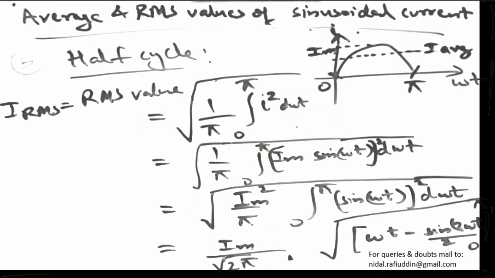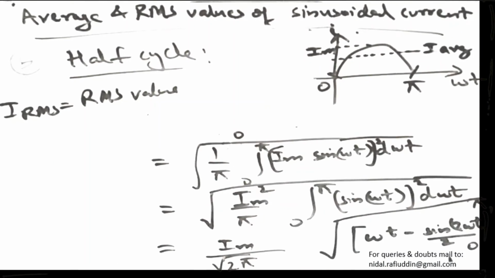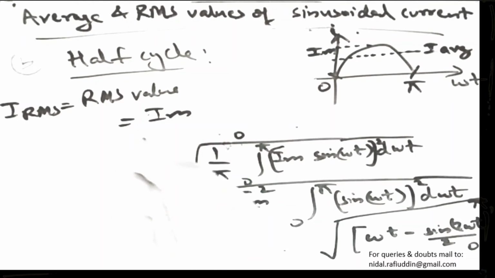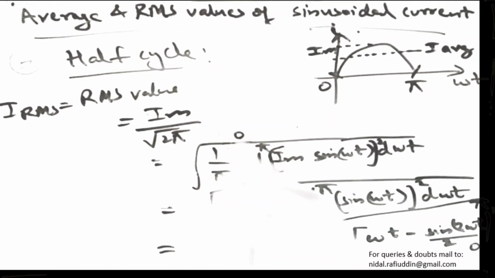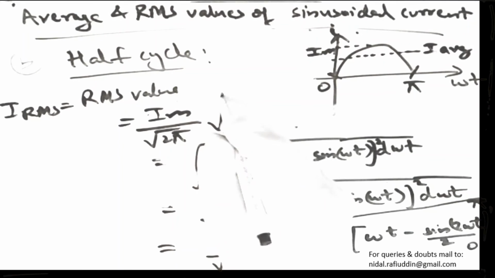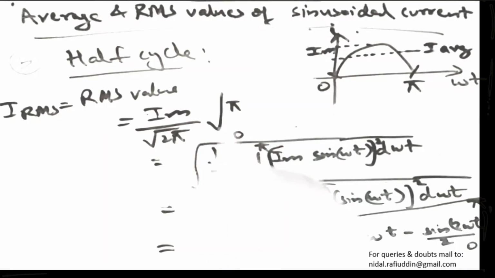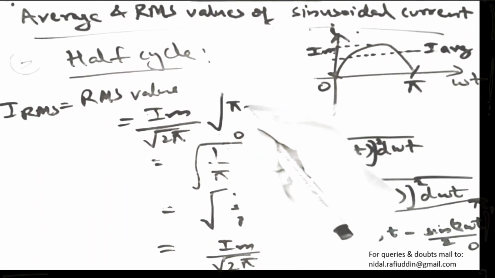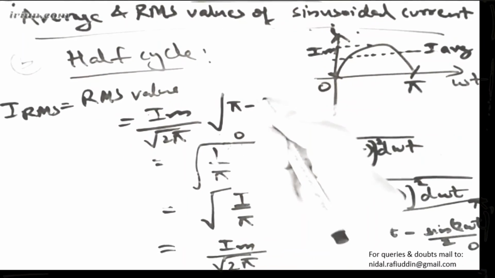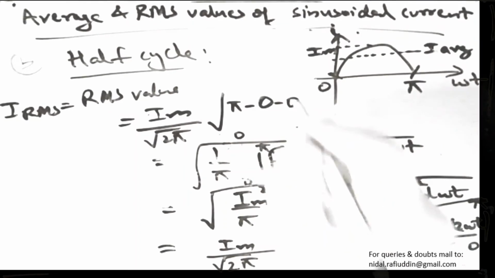If we further compute the RMS value and substitute the limits here, what we are left with is Im by root 2 pi, then in place of omega t we substitute pi, minus sine 2 pi, this is 0, then we substitute 0 at omega t, minus 0, then 0 at this also gives plus 0.